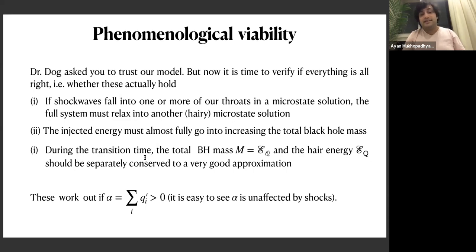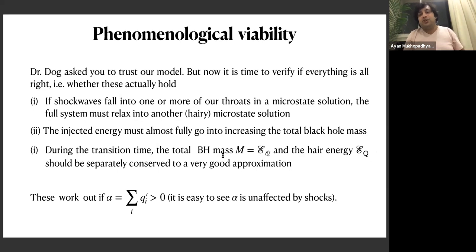Now, during the transition time, we have one overall conserved energy, but what we require is something much more interesting. When the black hole goes from one microstate to another microstate, these two energies, the total black hole mass and the hair energy, would be separately conserved. Obviously, they will not be conserved when the shocks are going in, because the shocks will increase the mass. Actually, most of it will go into increasing the mass, so the total mass will jump.